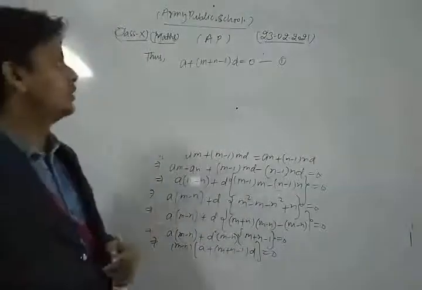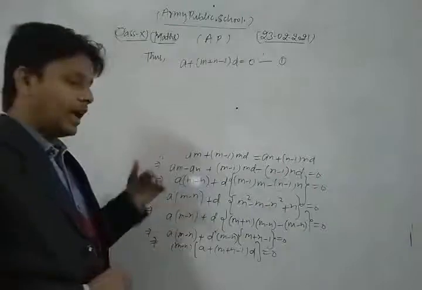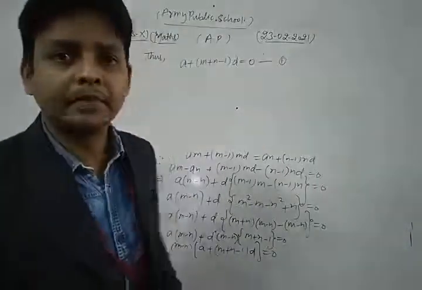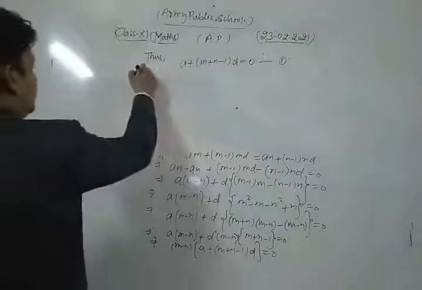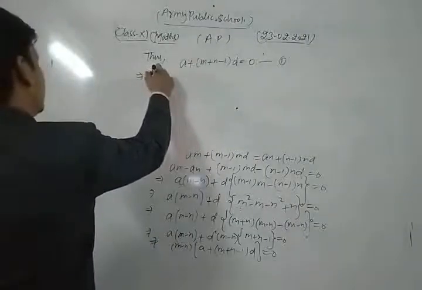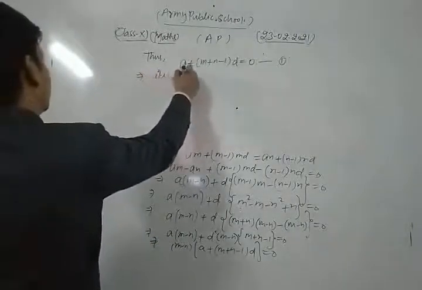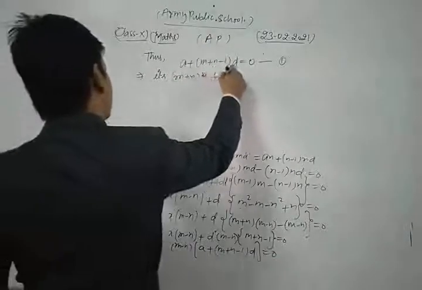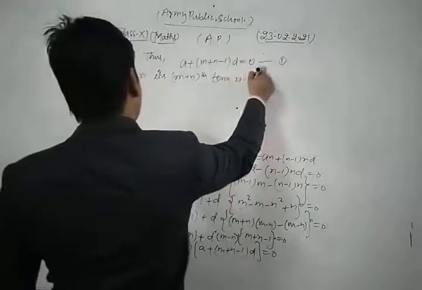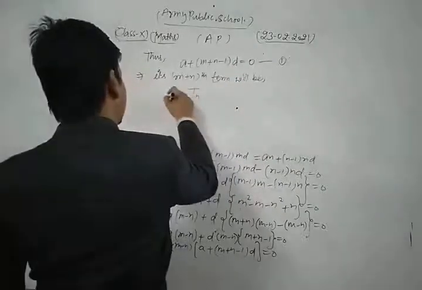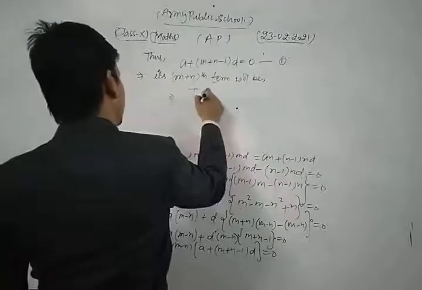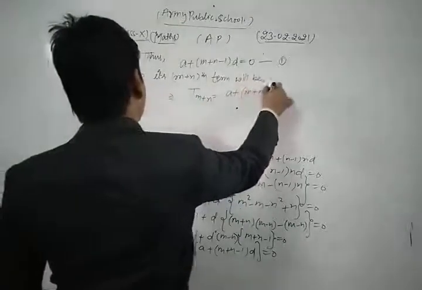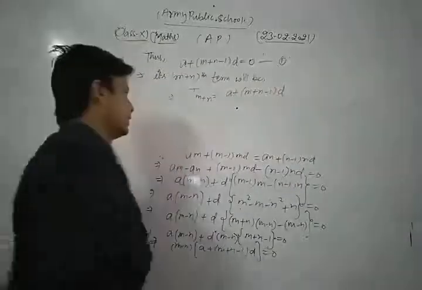Now we have to show that the m plus n term is zero. Thus we find the m plus n term. Its m plus n term will be t(m plus n) is equal to a plus (m plus n minus 1) into d.